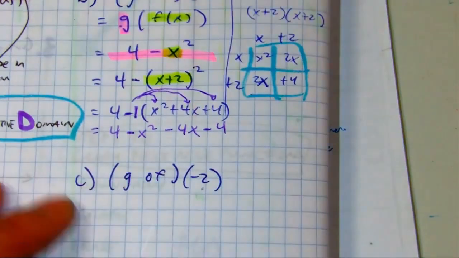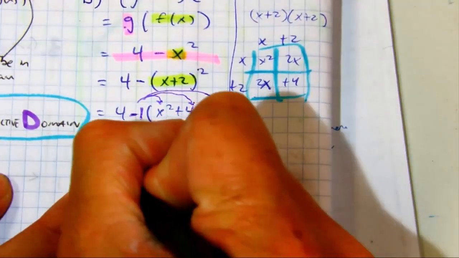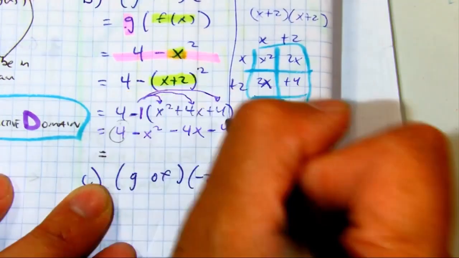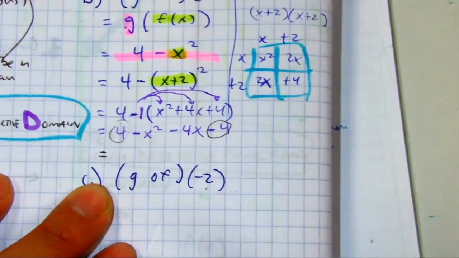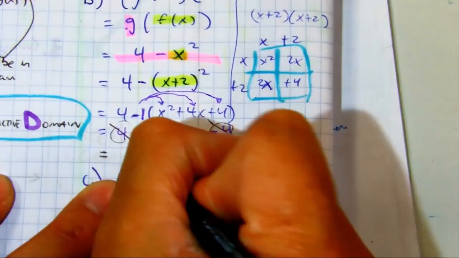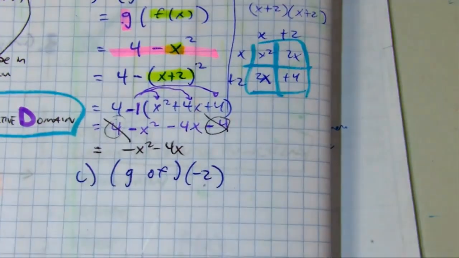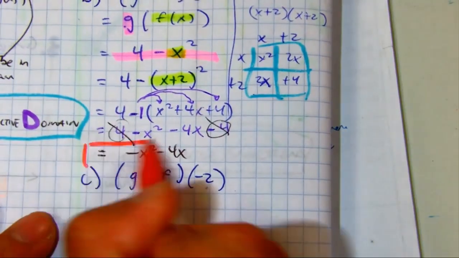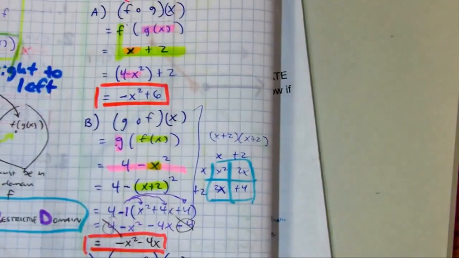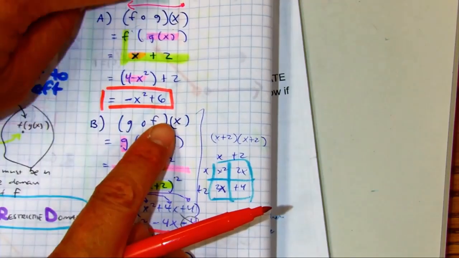And then we just combine like terms. Which ones are like terms? 4 and -4, which equals 0. And then I'm just left with -x squared minus 4x. How do you know your answer is not going to be a number? Well, you're just working with an algebraic expression with variables. Does that make sense?